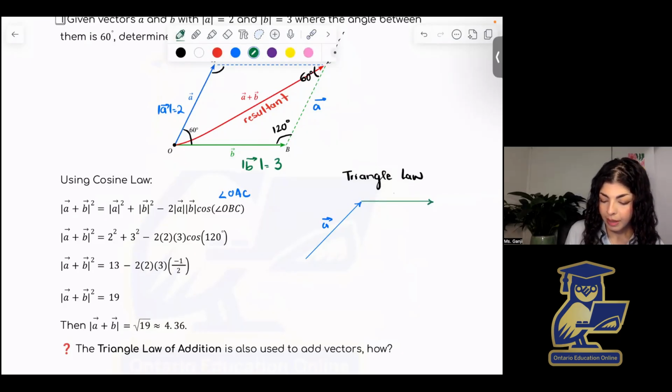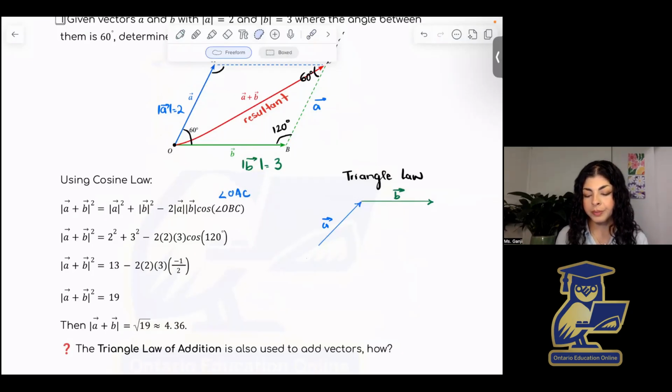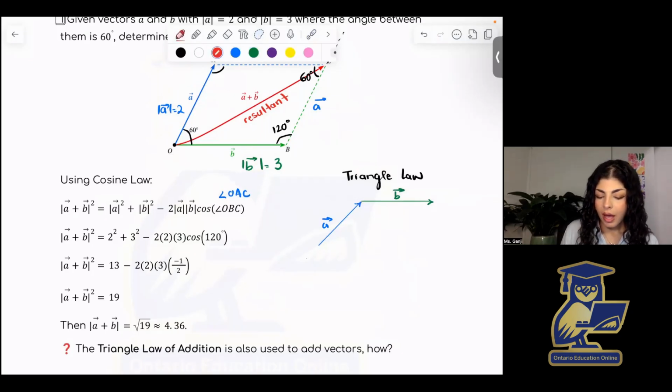For now I'm just trying to follow this A and this B approximately. Maybe this one should be a bit smaller because the magnitude of B is greater. And now I am just going to draw this vector from the tail of A to the head of B, which is going to be A plus B.